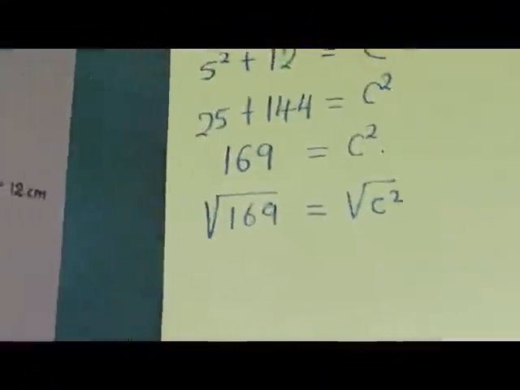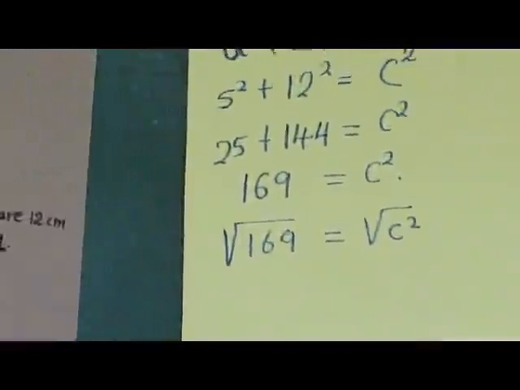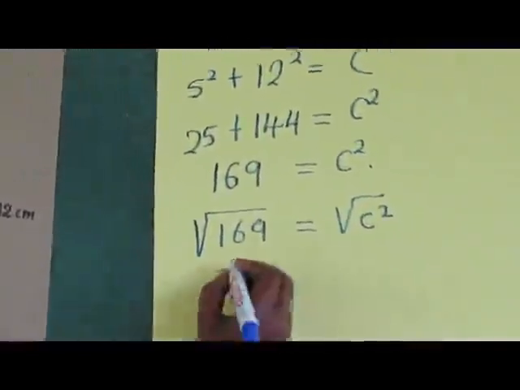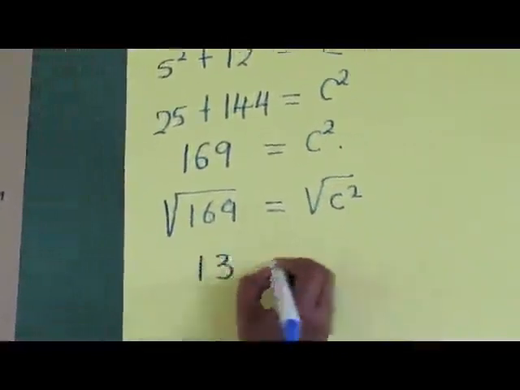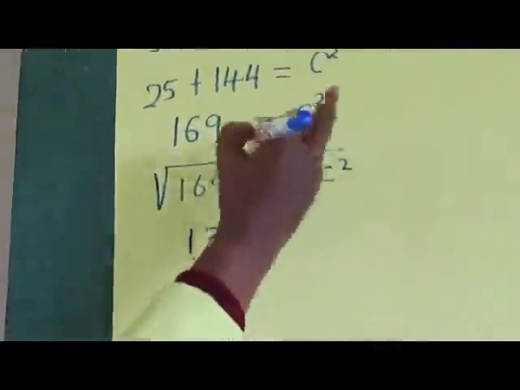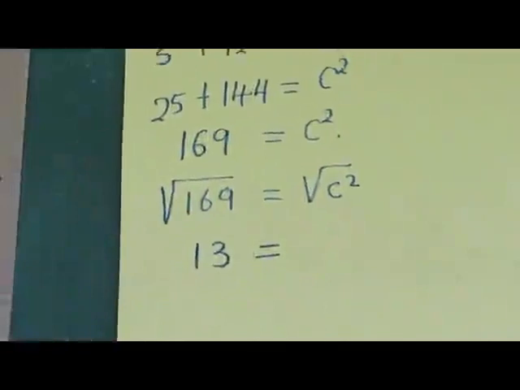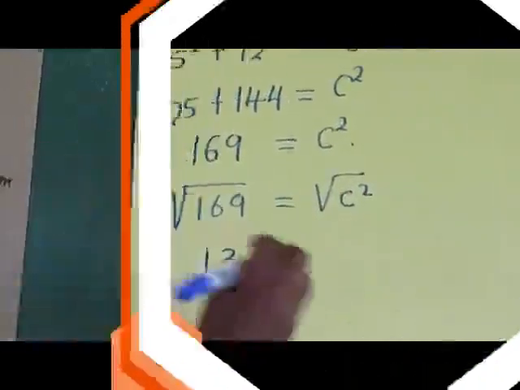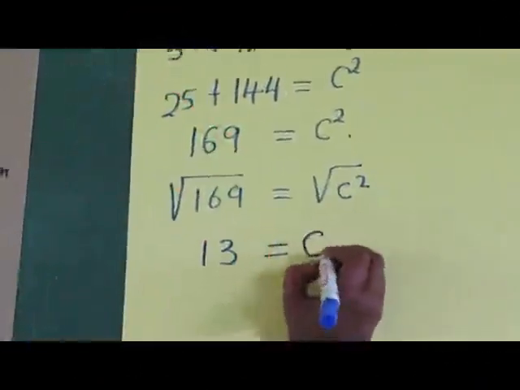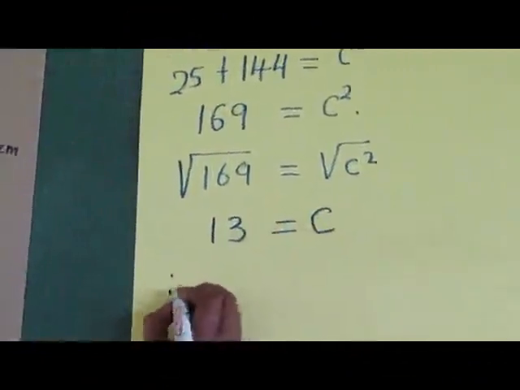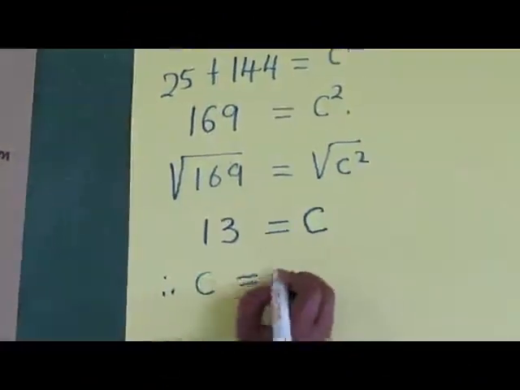What is the square root of 169, students? Yes, good, it is 13. What is the square root of c squared? Can you try? Yes. What is it? It is c. Therefore, our c is equal to 13.